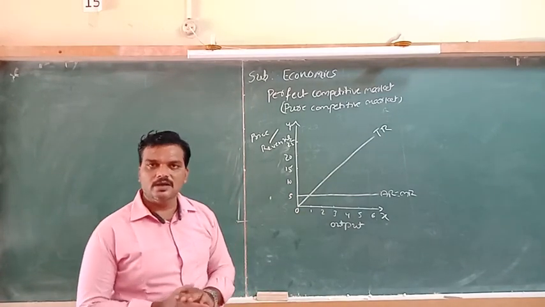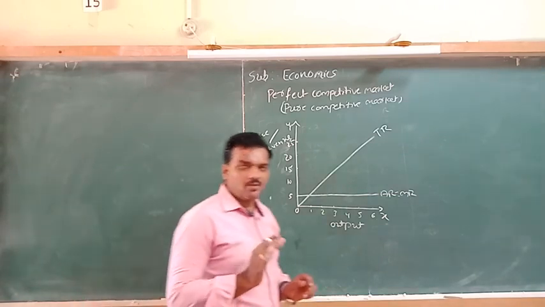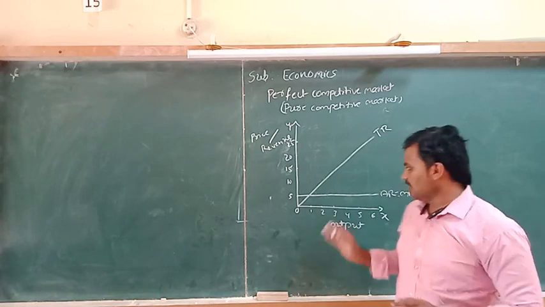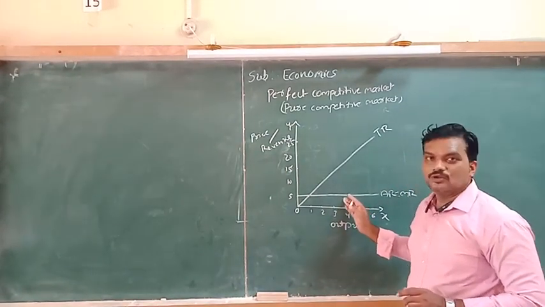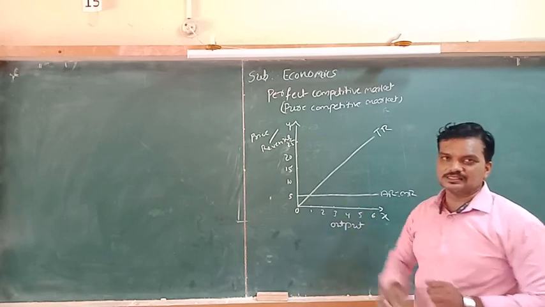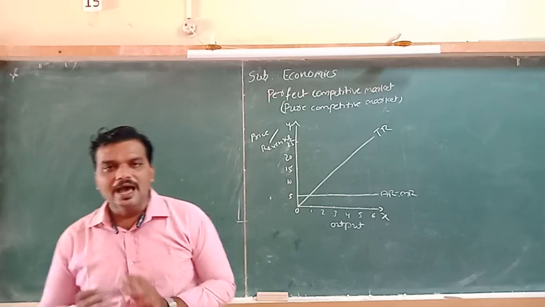But the average revenue and marginal revenue curves are parallel to the horizontal x-axis, because they are constant as output increases.